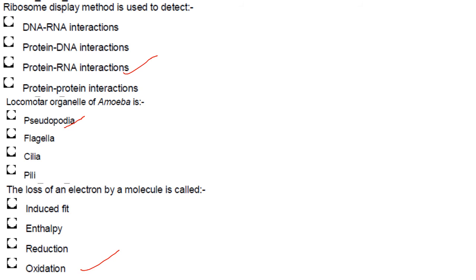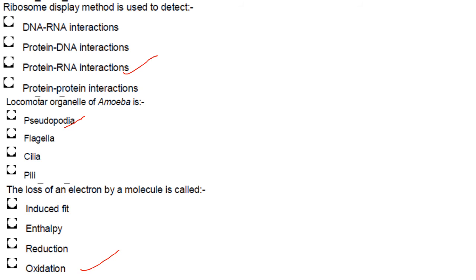The mRNA protein hybrids that bind well are then reverse transcribed to cDNA and their sequence amplified via PCR. So the end result is a nucleotide sequence that can be used to create tightly binding proteins. You can find more about this in Wikipedia. What is ribosome display? So it is meant for protein RNA interactions. Answer is option C.